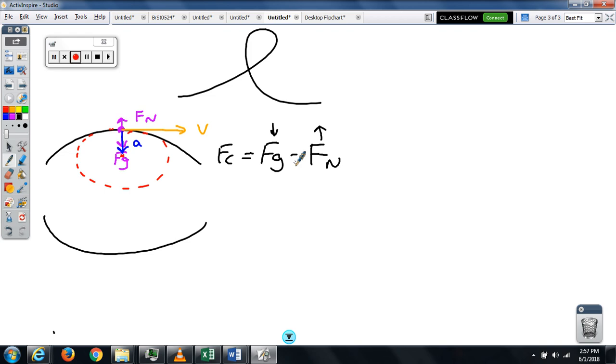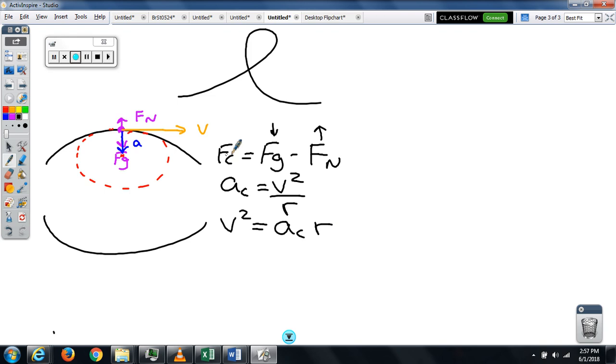Now, if you wanted to find out how fast you'd have to go around this circle, or in this case over this hill, in order for you to feel half your weight, you have to use the equation for circular motion. You might have it on your index card as a_c equals v squared over r. So we can rewrite that as v squared equals a_c times r.